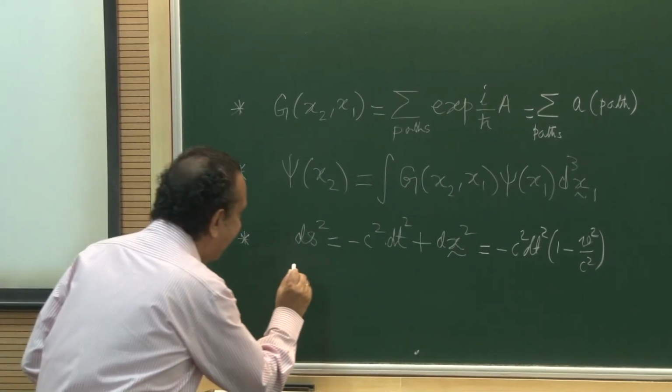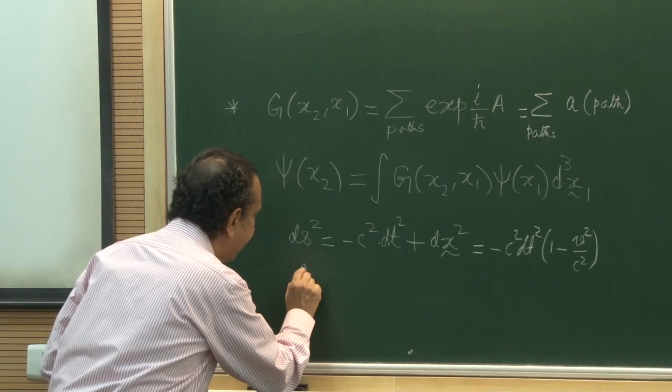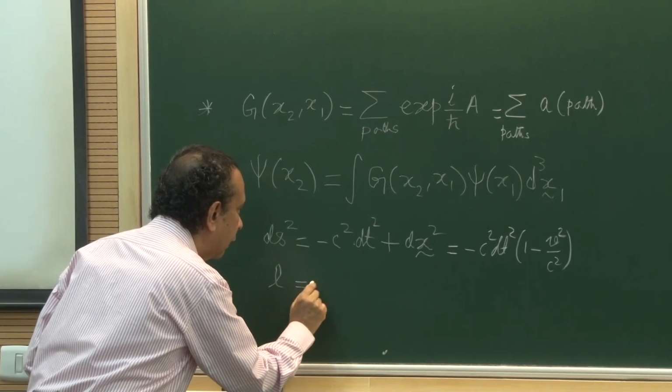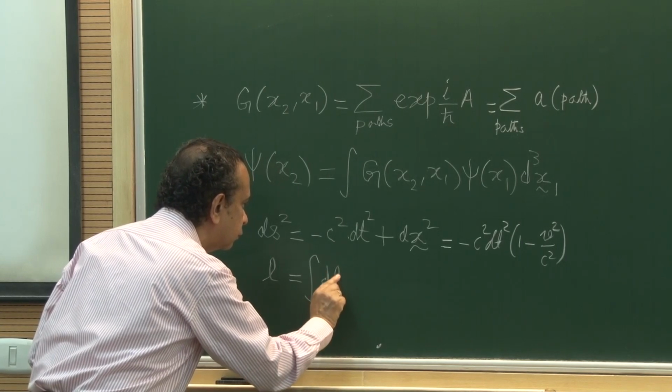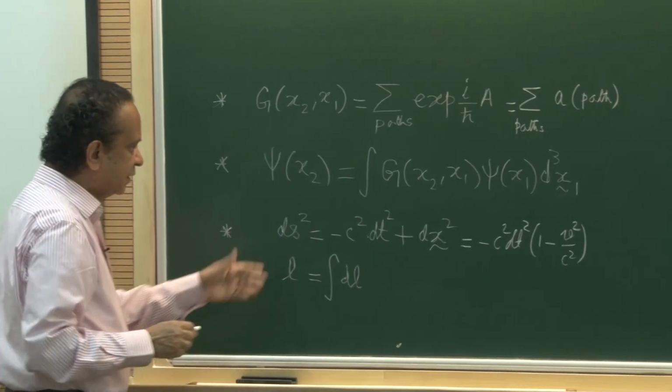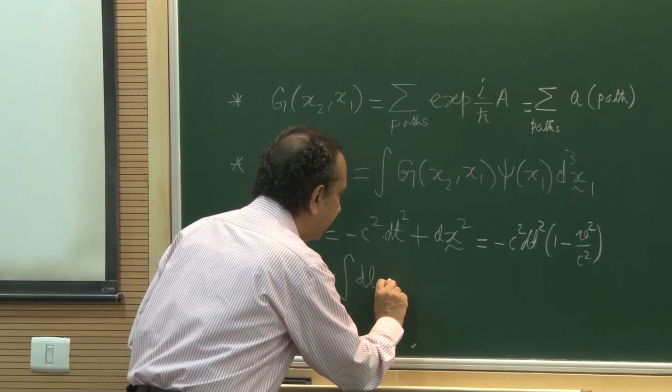Okay, so what will be the length? The length is going to be the integral of dl. dl is the same as ds with a minus sign.